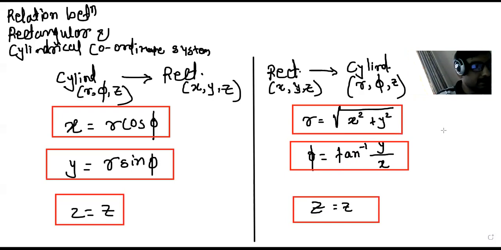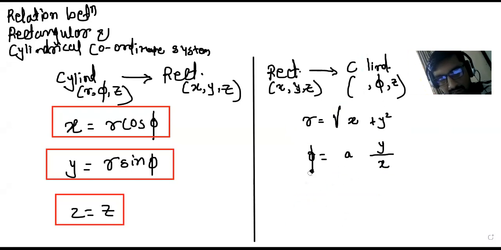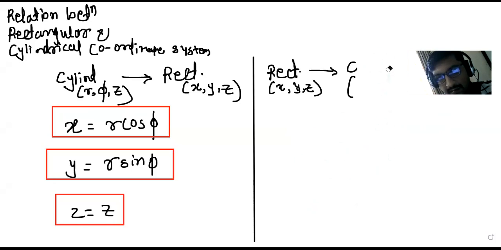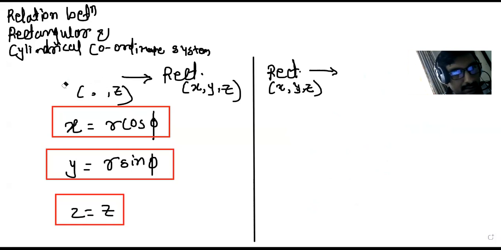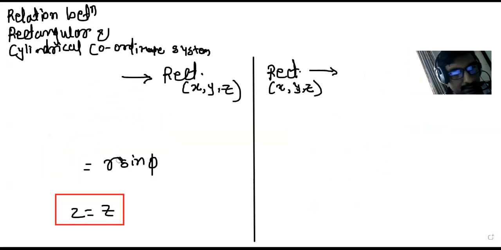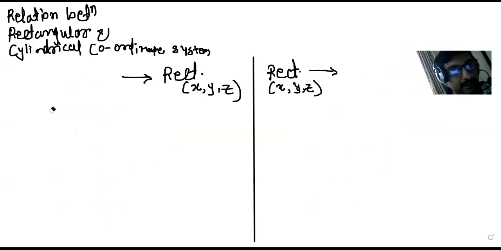Next is the relation between rectangular coordinate system and spherical coordinate system.